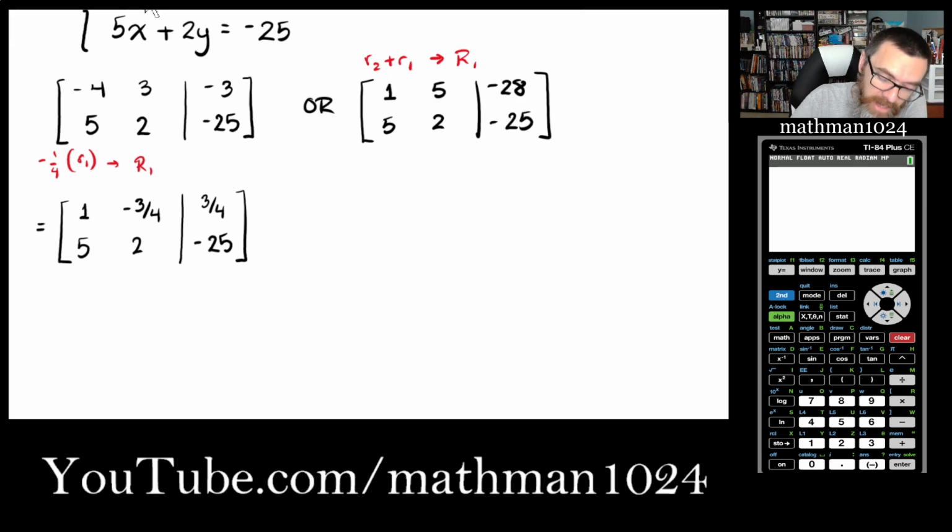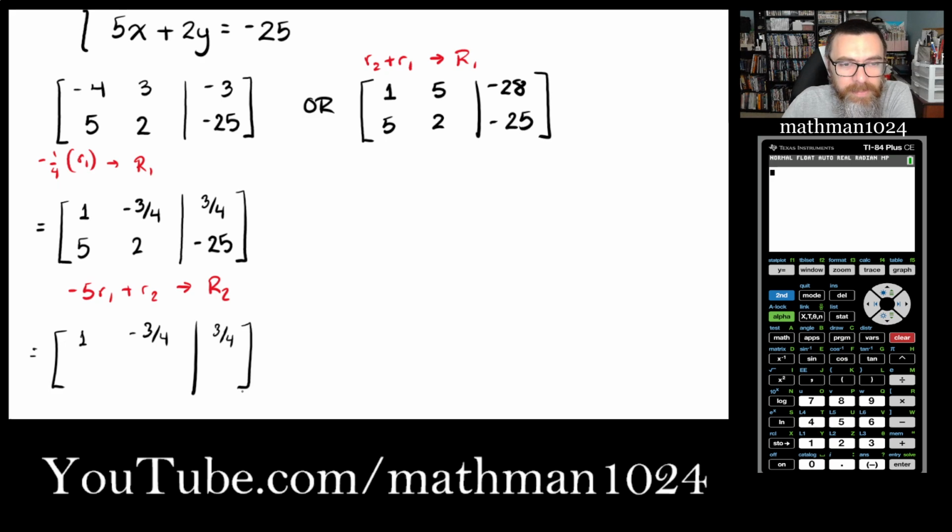So over here, I want to get rid of this guy right here. I want him to become a 0. So if I do -5 times row 1, add that to row 2, and then replace row 2 with that, we will have a 0. Okay, so fortunately, nothing changes in that first row. Yes, it's kind of ugly, but it is what it is.